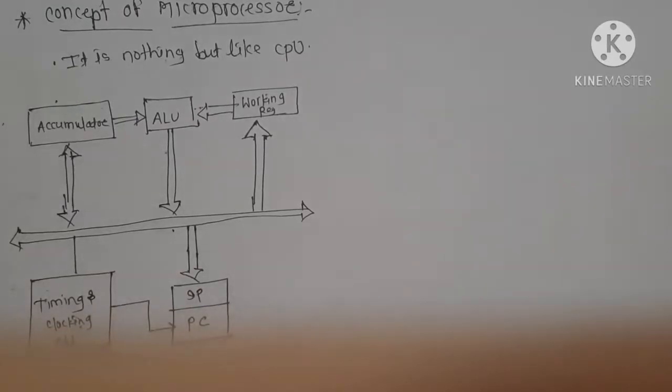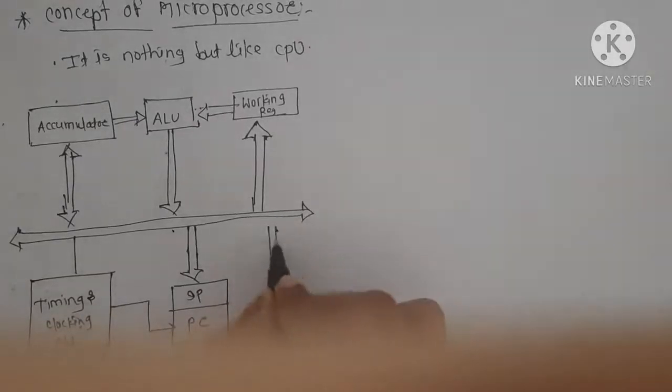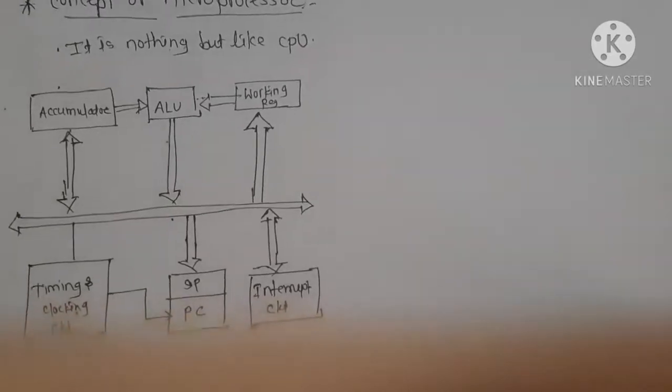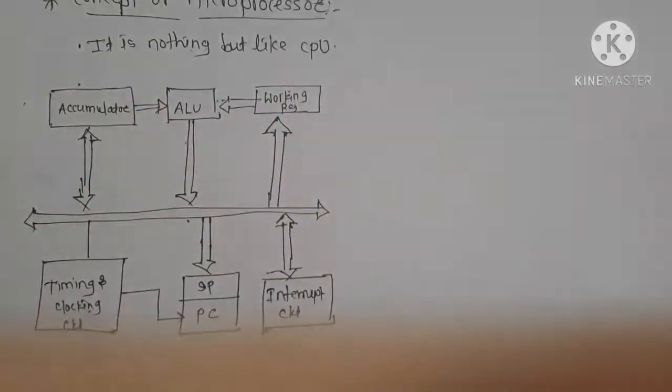After that interrupt circuit. So this is the block diagram for microprocessor.